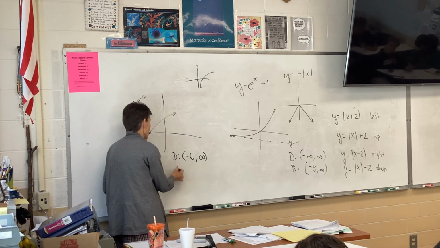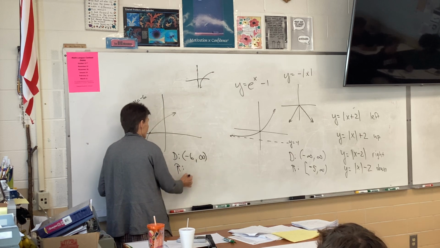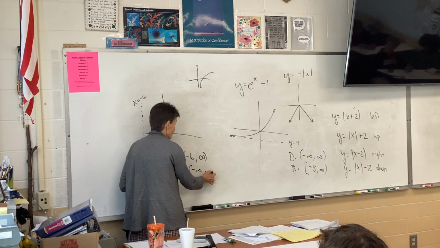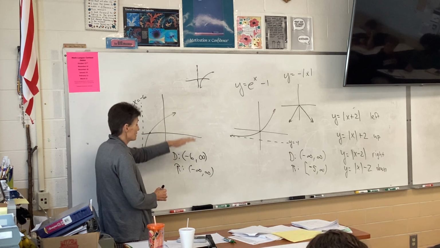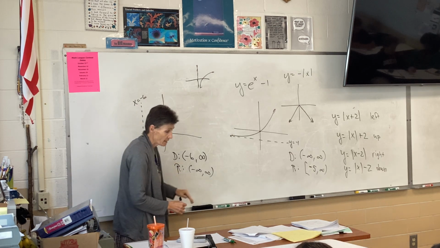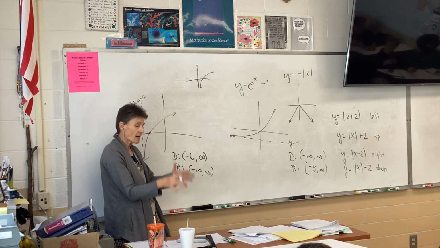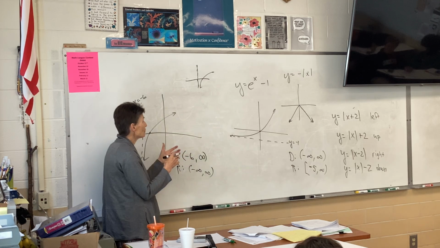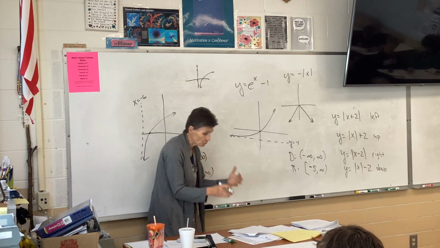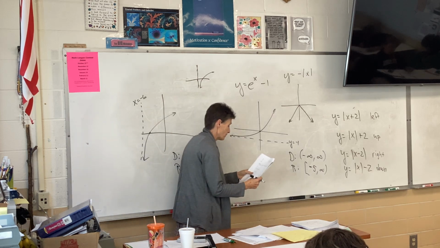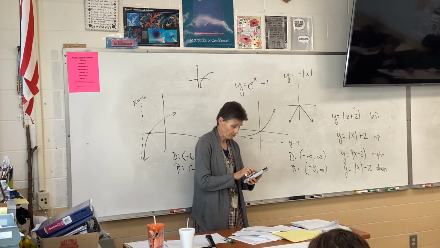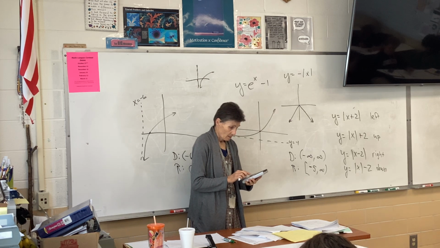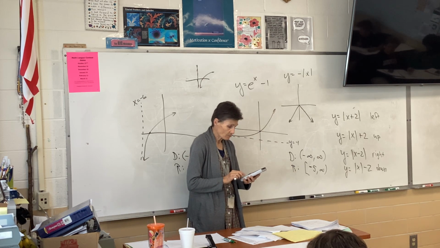What is the range of this guy? Negative infinity to infinity, doesn't this go forever? Yes, very good. And again, it's nice to have the calculator, but you don't really need it for these problems because you know what it looks like. Okay, let's try this one on our calculator: 1 over x plus 3.